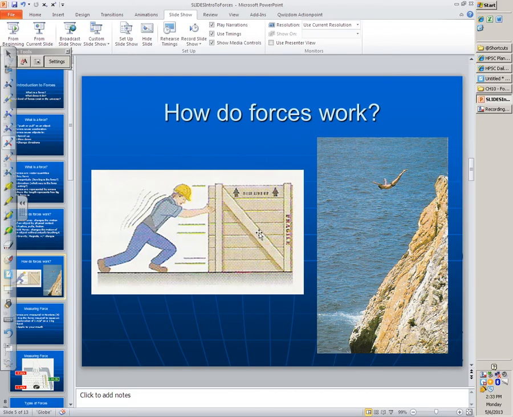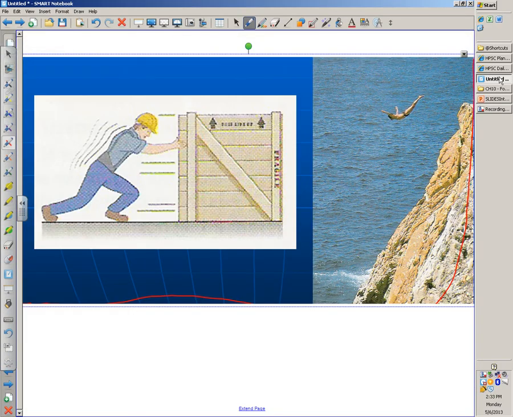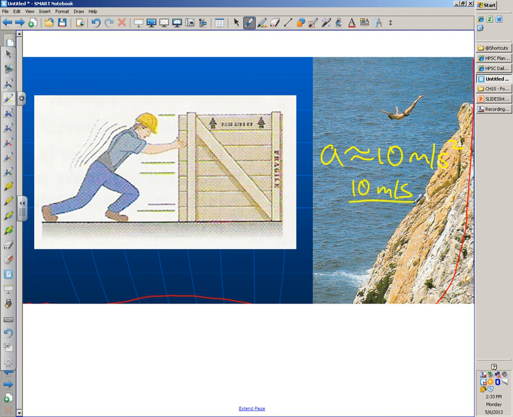The picture on the right, you have this guy diving off a cliff, and we learned in the last chapter that he is experiencing an acceleration around 10 meters per second squared coming from gravity. And that means the velocity of that object changes by 10 meters per second for every 1 second that goes by.